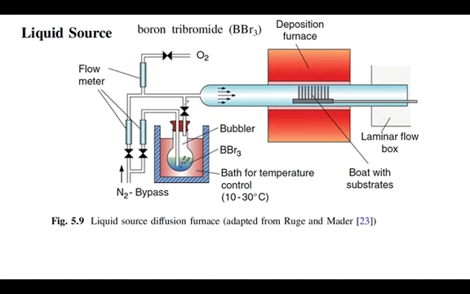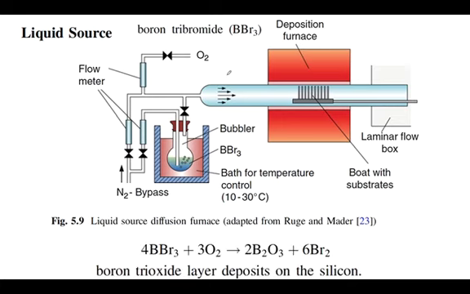These gas molecules enter the furnace and get deposited. Mostly nitrogen is used as the gas to carry the dopant molecules. You can also use oxygen if you need some sort of reaction. For example, here the oxygen reacts with boron tribromide and deposits B2O3, boron trioxide. This is what is deposited here.